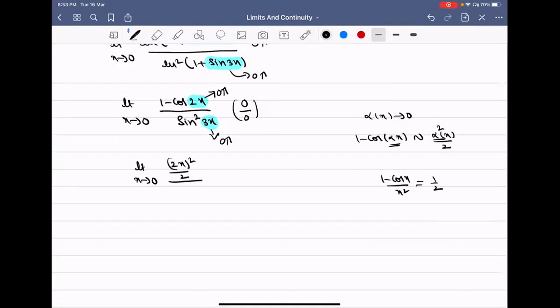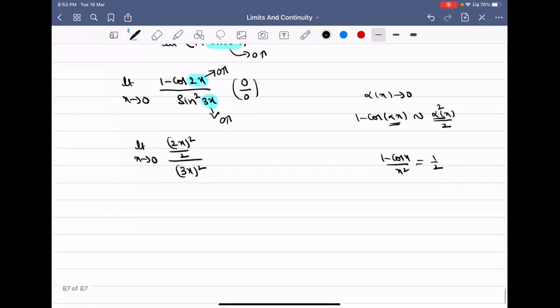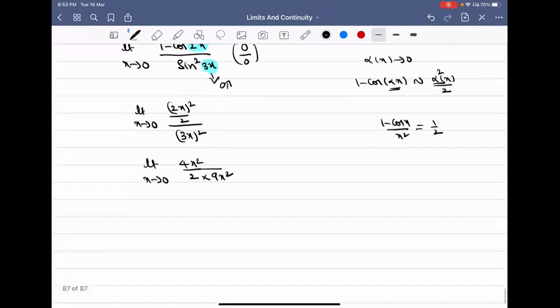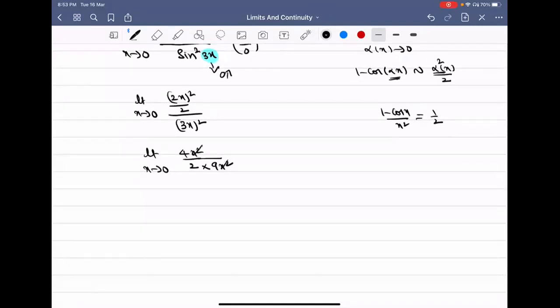Next, the equivalent infinitesimal of sin alpha x is alpha x, here 3x, so sin square 3x gives 9x square. Therefore, limit x tends to 0 of 4x square over 2 into 9x square. Here x square cancels, 4 by 2 is 2, so the answer is equal to 2 over 9.